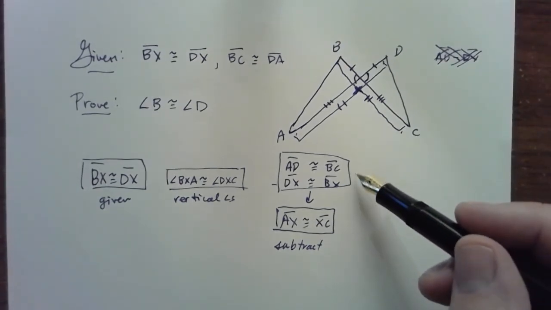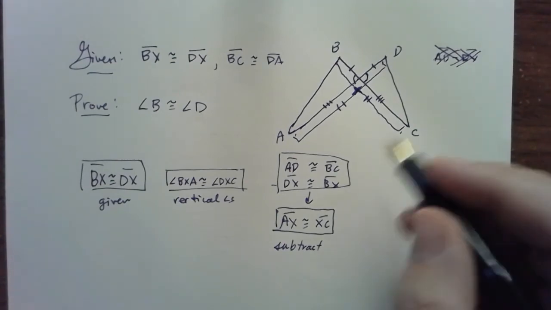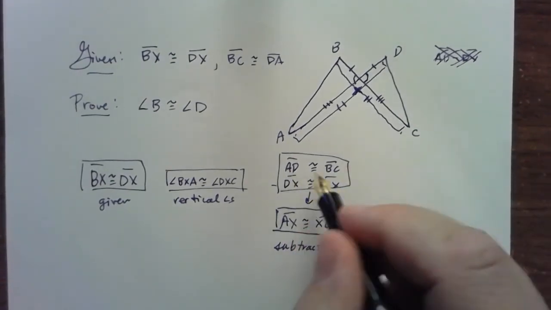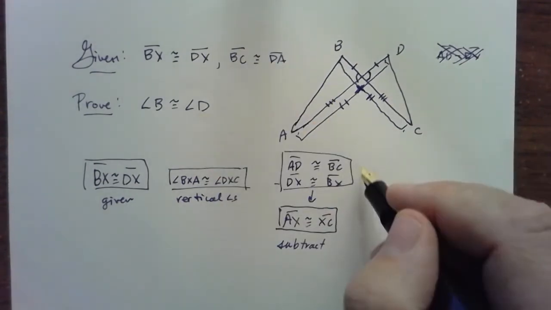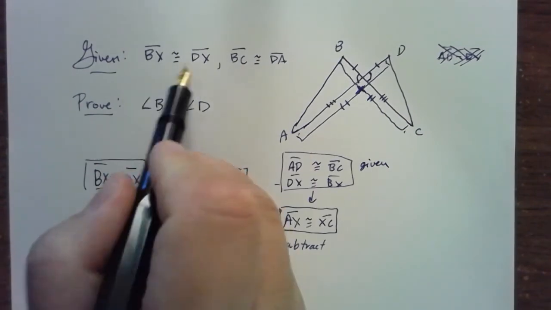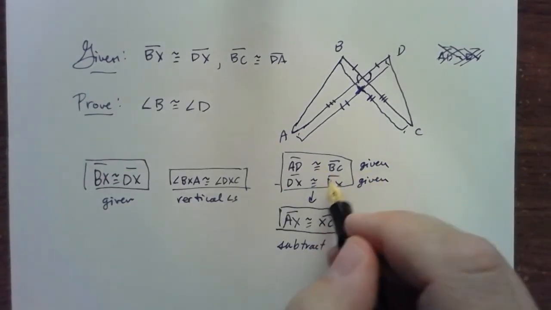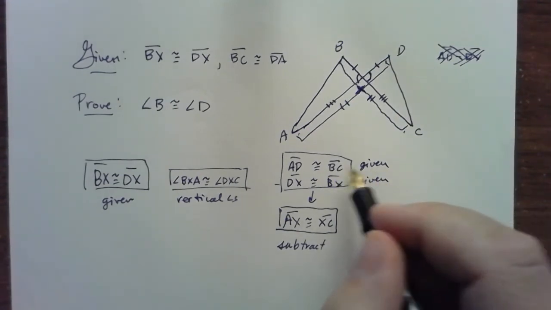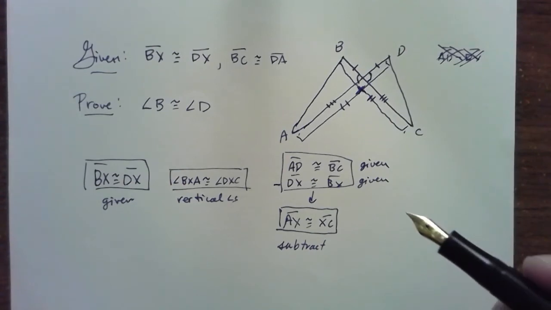It's not correct if you don't support your arguments. Fortunately, these are both givens. AD congruent to BC is just this, written slightly differently. DX congruent to BX is this statement, written slightly differently. I need reasons for both of these. If you don't support your arguments, then your arguments aren't valid. They need to be fully supported.